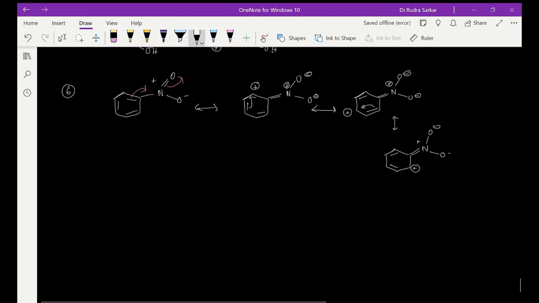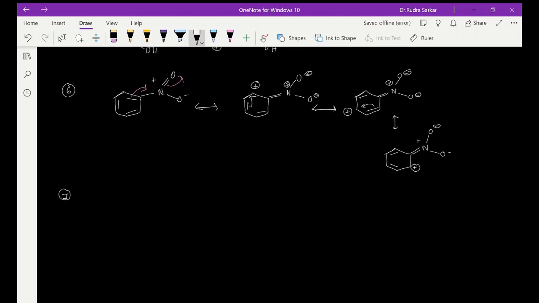Okay, so I hope now a similar thing can be thought of when a carboxylic acid group is attached to the benzene ring, this being the delta minus charge and this being the delta positive charge.